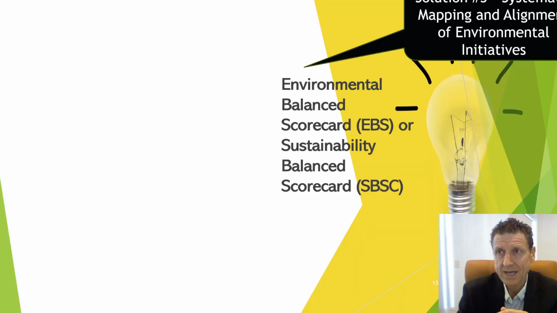Solution 3 is about systematic mapping and alignment of environmental activities. This is where it gets back to systems thinking. Now remember, in some ways, activity-based costing is applying systems thinking because we're looking at a fine detail of when we got this machine running, what environmental costs is it driving, and then we allocate environmental costs to the product it is making.